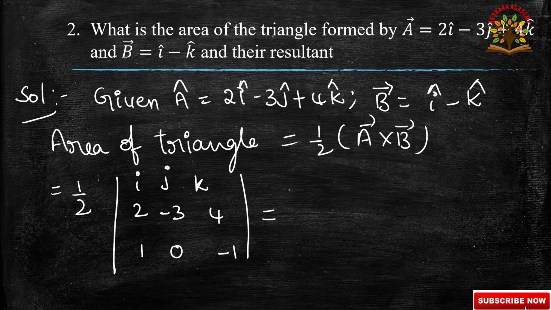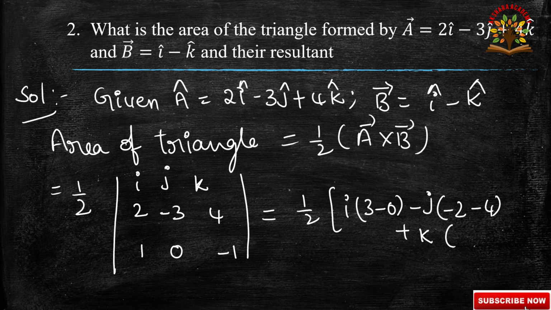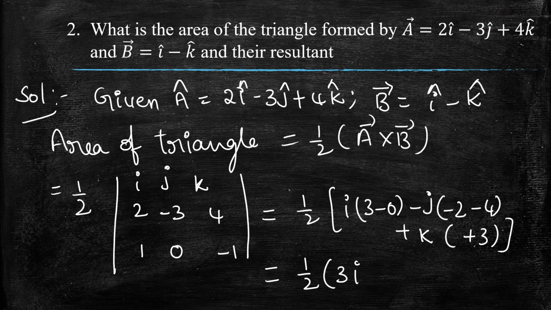Calculating this, half into i of 3 minus 0, minus j of minus 2 minus 4, plus k of plus 3, that is equal to half of 3i plus 6j plus 3k bar.